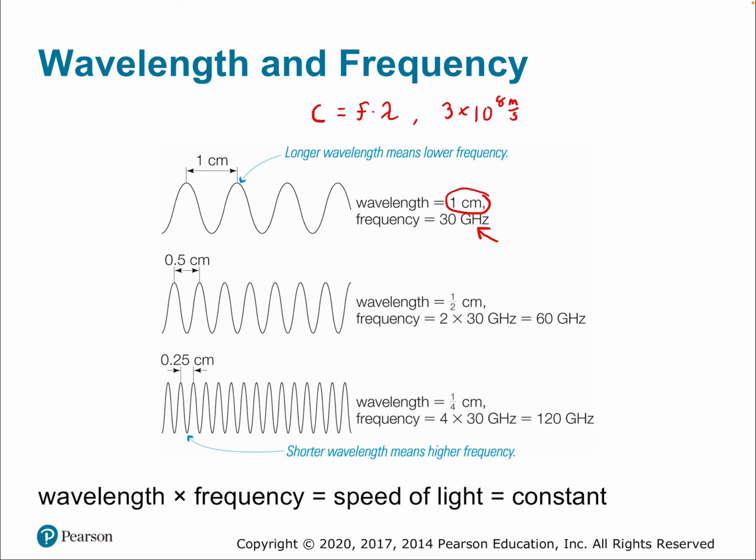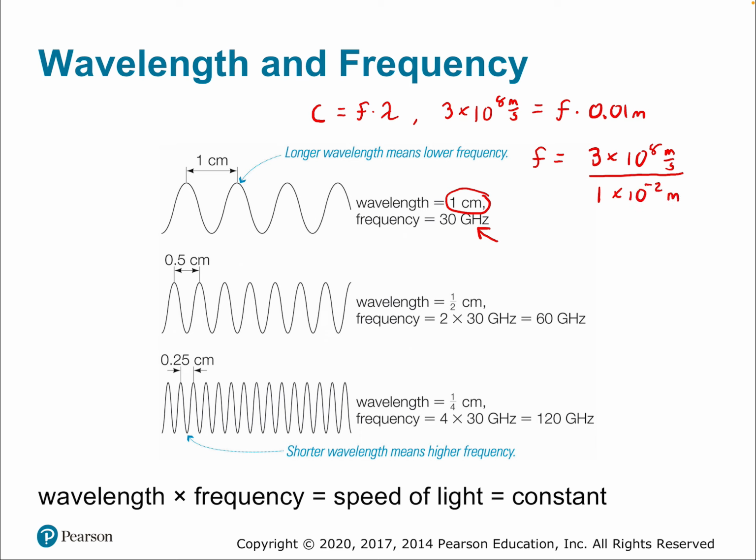Here, if I want to be able to work something closer to centimeters, I'm going to stick with the base units of meters. And then I know my frequency is what I'm interested in, but I know the wavelength, I'm told it's 1 centimeter, which is just 1/100th of a meter. So then if I solve for f, f is going to be the 3 times 10 to the 8 meters per second divided by that centimeter, which is just 1 times 10 to the negative 2 meters.